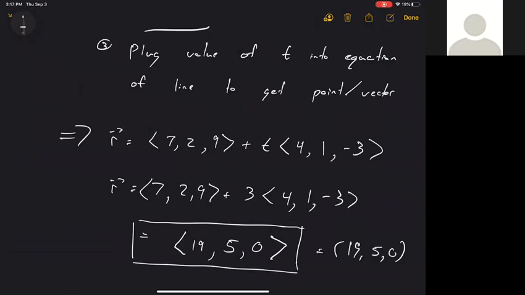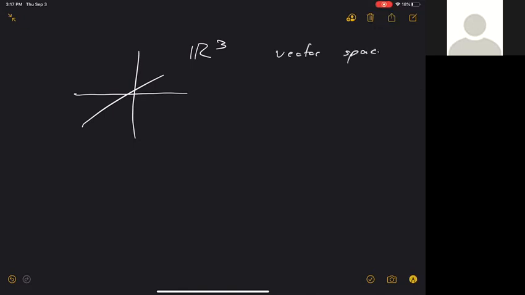I keep talking about this difference between points and vectors, and I'm doing that because that's the way your textbook presents it. But really, I think about vectors and points as being the exact same thing. When you go a bit farther in math, if this is R3, the space R3, we start calling it a vector space, which means it's just a space made up of a bunch of vectors.